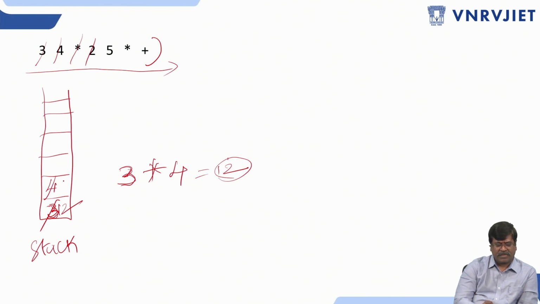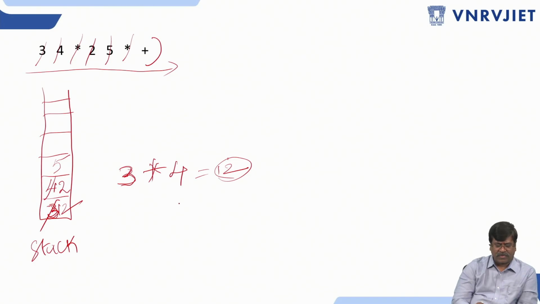Evaluate next: 2. It is an operand, so directly add it to the stack. Next you take the next operand, that is 5, and send it to your stack. Now you are getting star, so you pop out 2 values.